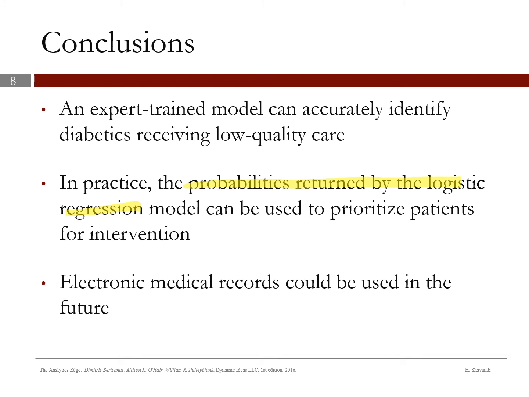We just can consider the probability, and based on that probability we can prioritize patients for intervention. So we can definitely utilize the probabilities of the logistic regression model like this in the real world. Okay, and also the electronic medical records could be used in the future.